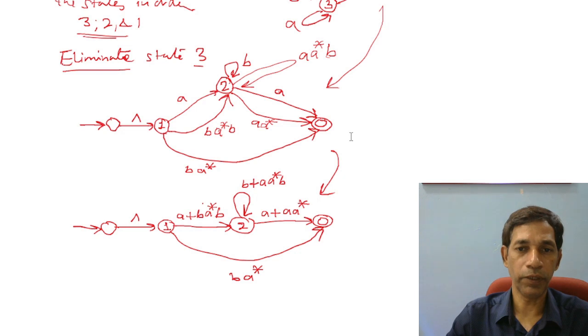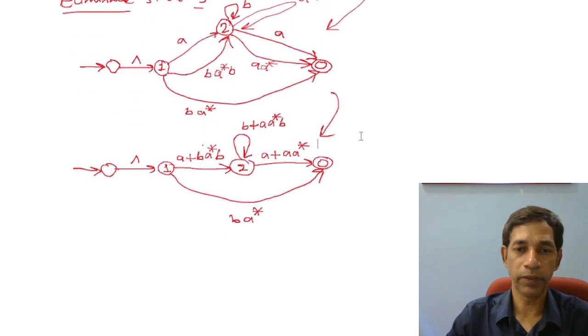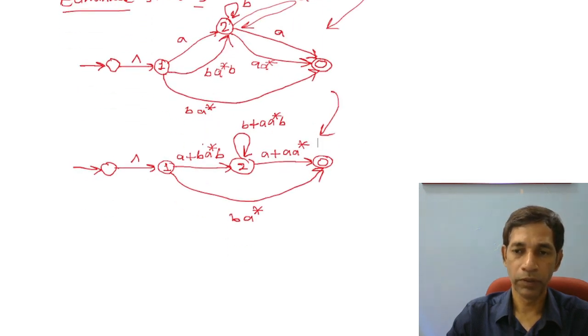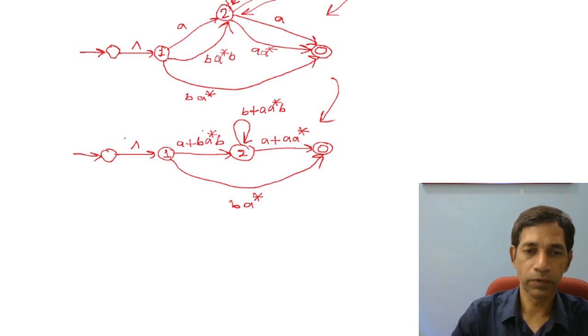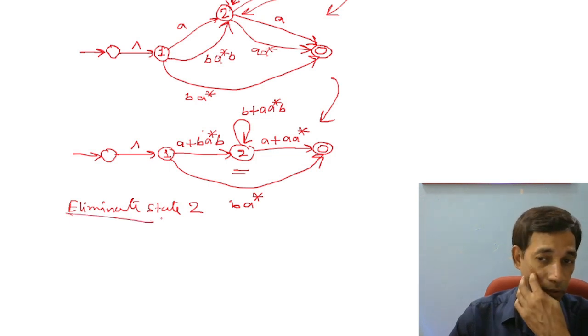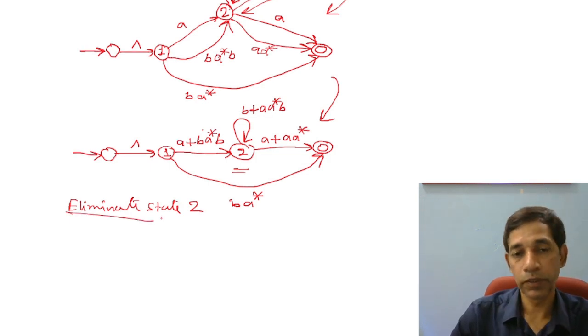Now we need to go for eliminating the state 2. We are going to eliminate the states in the order 3, 2 and 1. So we are going to eliminate the state 2 now. How are you going to eliminate the state 2?